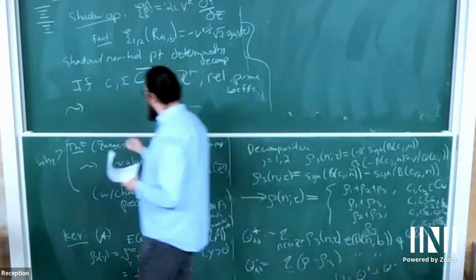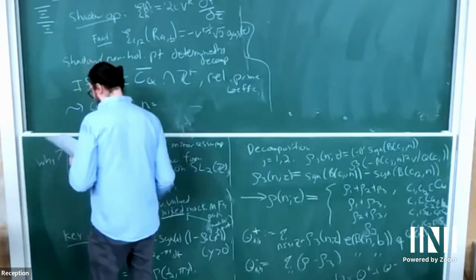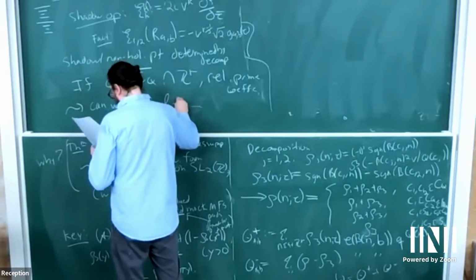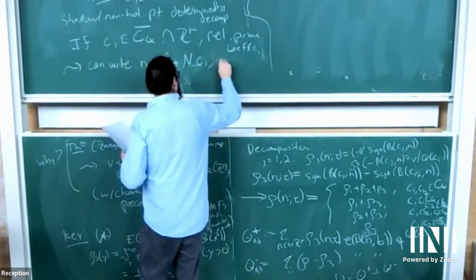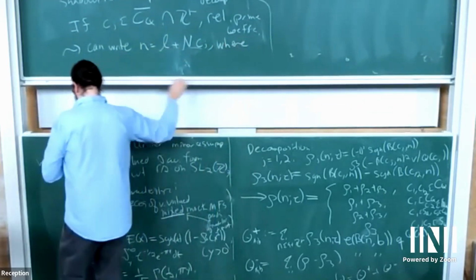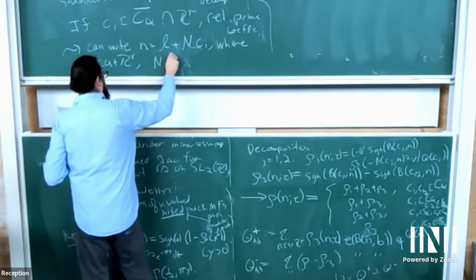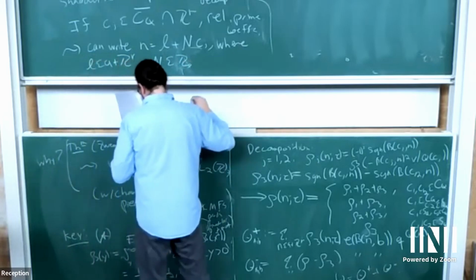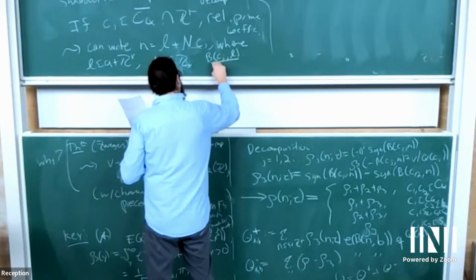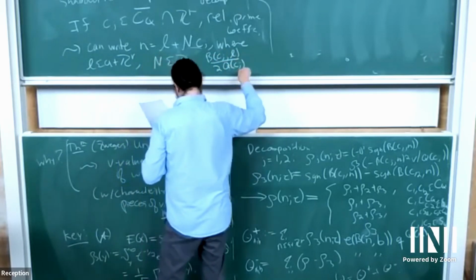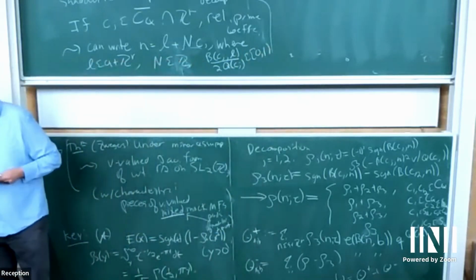I can write any such n in my summation for my indefinite theta function as L plus capital N Cj, where L is in the shifted lattice A plus B to the R, capital N is an integer, and I choose L so that the bilinear form of Cj comma L divided by the normalizing factor 2Q of Cj is in the interval 0 to 1, not including 1.